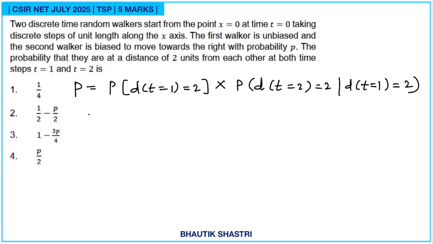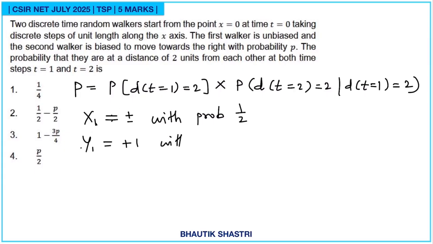So for the first walker, x1 can be plus or minus 1 with probability half because it is unbiased. And for the second walker, let's consider it y. For it, y1 will be plus 1 with probability p on the right side, and it will be minus 1 with probability 1 minus p.